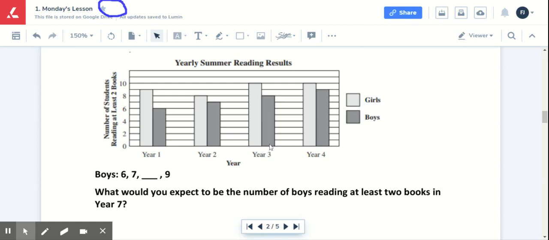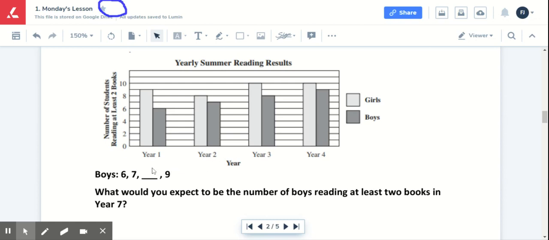For year 3, we see that 8 boys have read at least 2 books. In year 4, 9 boys have read at least 2 books.